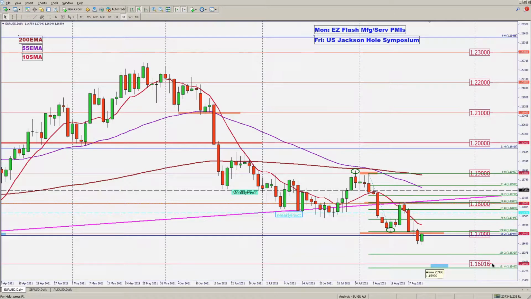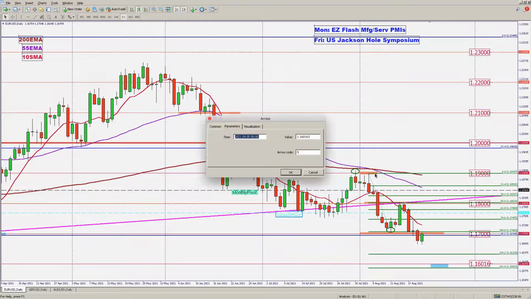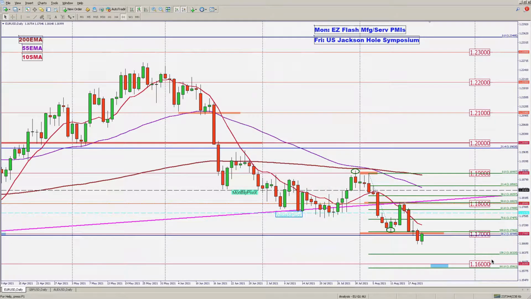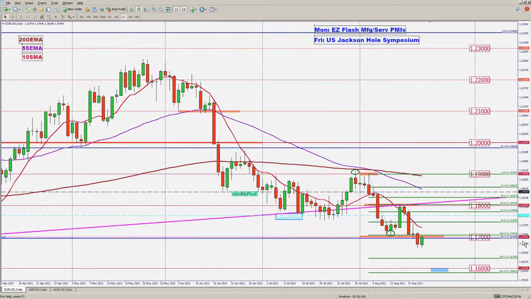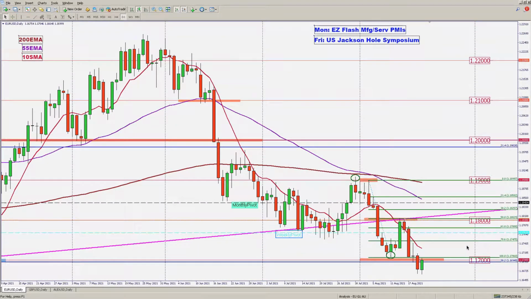Let's move this over here as well. All right, we'll see how far this pullback is going to be from next week.